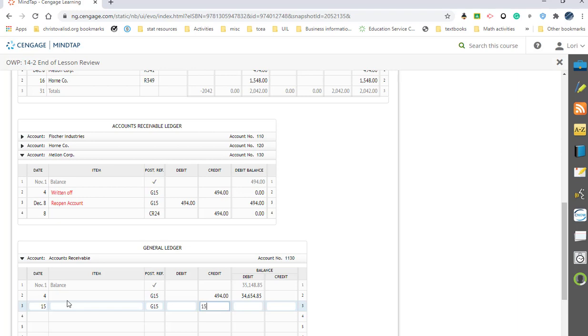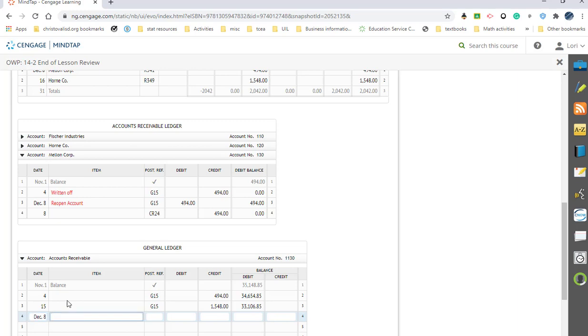And then on the 15th, again, another written off portion from G15. This time it was $15.48, and that brings us to $33,106.85. And then this will be the last one I'm going to show you, and then I'll pause it and let you come and see at the end. December 8th.